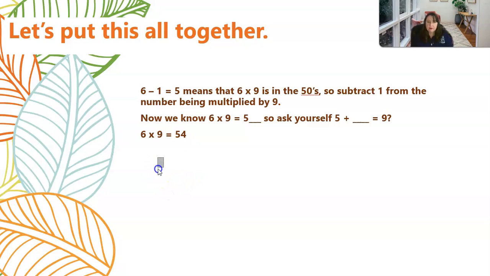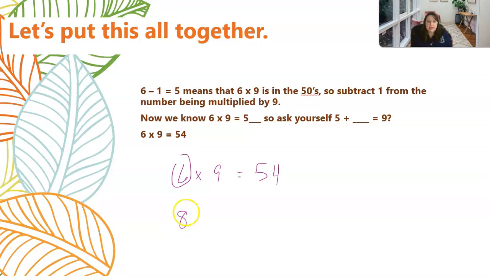We look at the number that's being multiplied by 9, and it's 6, and 1 less than 6 is 5. And then we ask ourselves, 5 plus what equals 9? Well, 5 plus 4 equals 9. There's my answer.